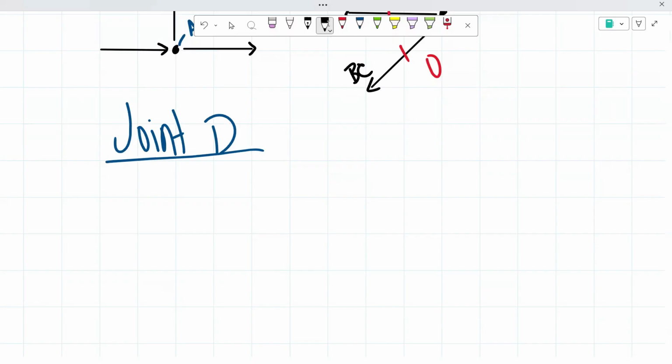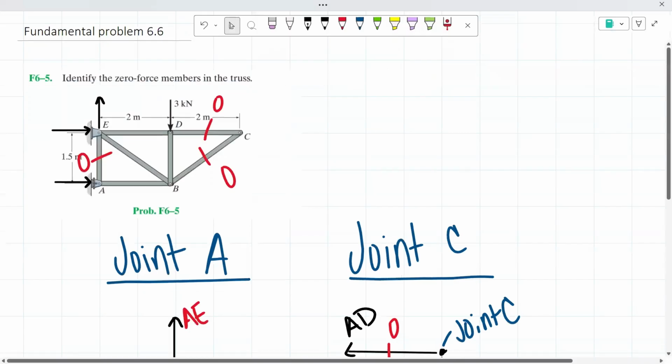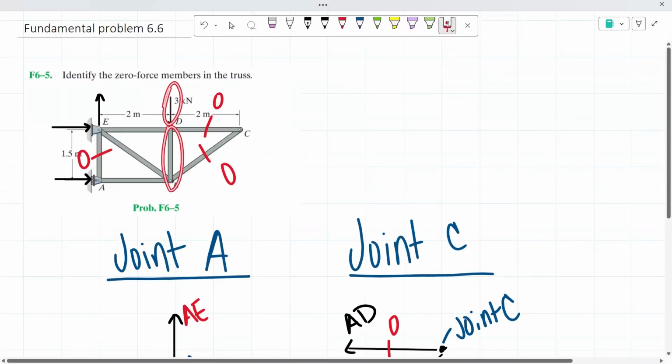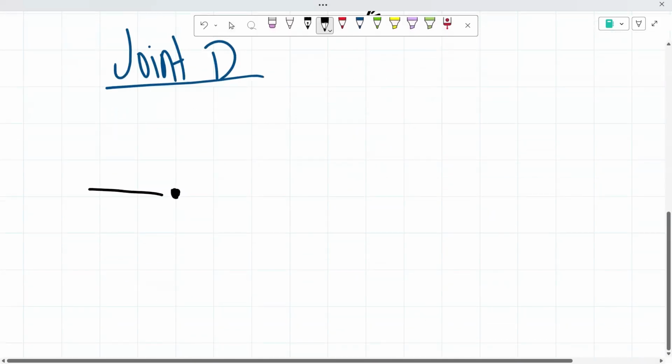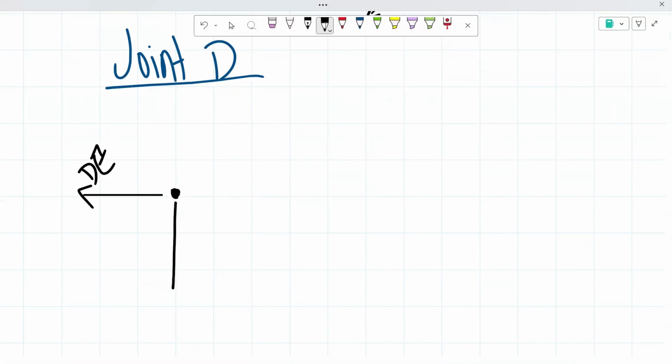Joint D. If we were to draw out joint D, from joint D, we have this force of 3 kilonewtons coming down our member BD and our member DE. Looking at this, once again, as you guys could see, we have three forces meeting at a joint.